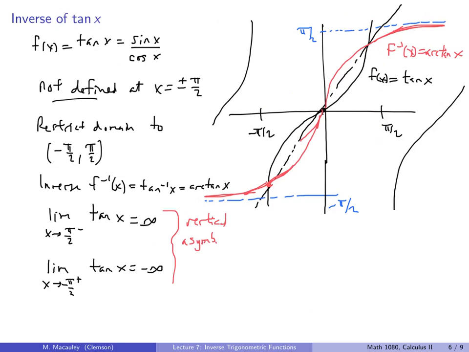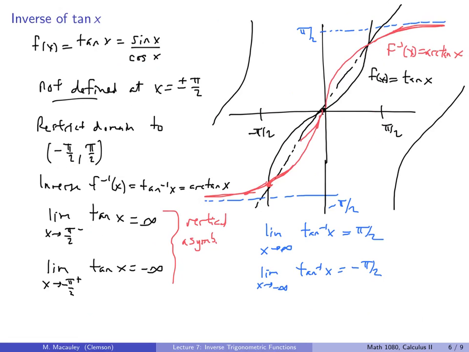Now, for the inverse tangent, notice that the dual of this one is that the limit as x goes to infinity of inverse tangent of x equals pi over 2, and the limit as x goes to negative infinity of inverse tangent of x equals negative pi over 2.